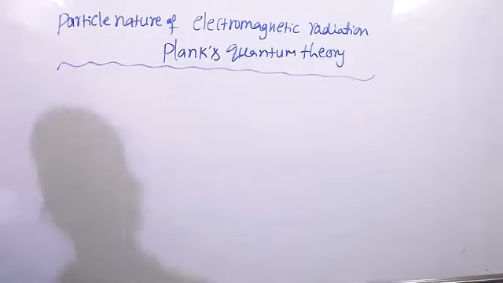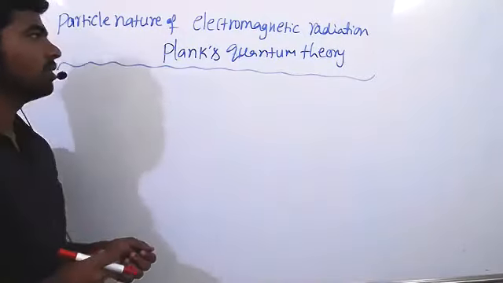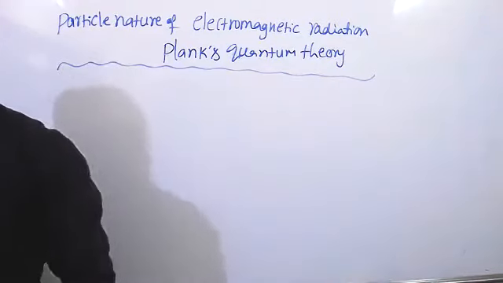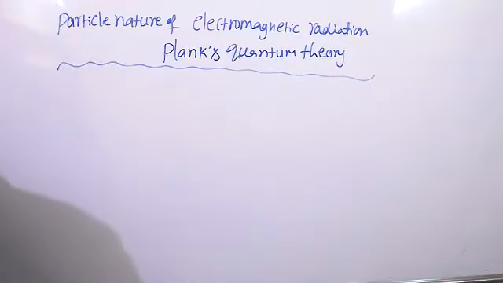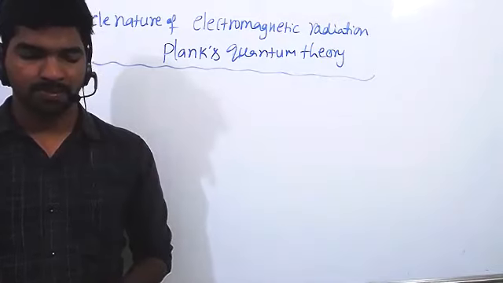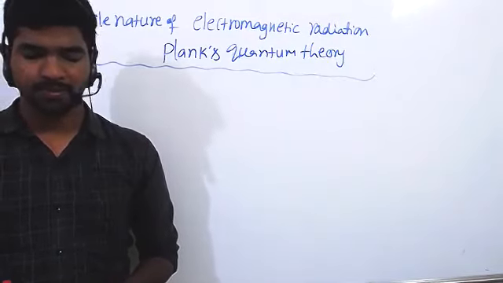Is this a new topic, like topic 3? No, it is under this topic only. We are still in the second topic. The next, third topic is models of atom; next week onwards we will start it, and we will discuss spectrum in depth.